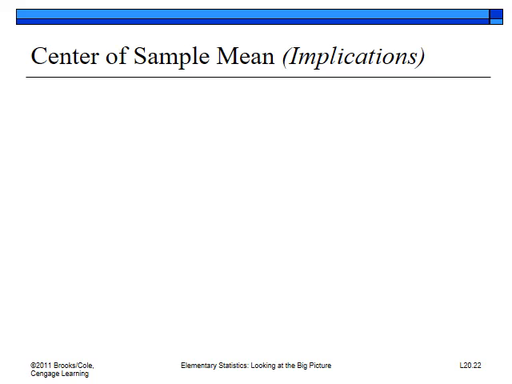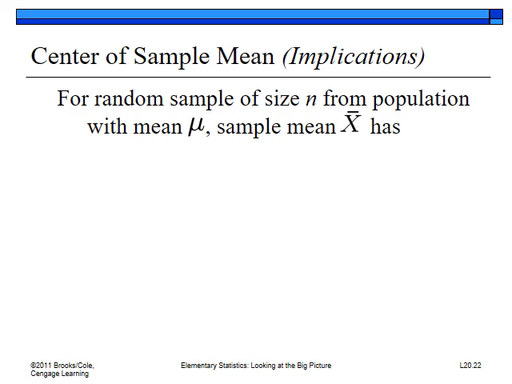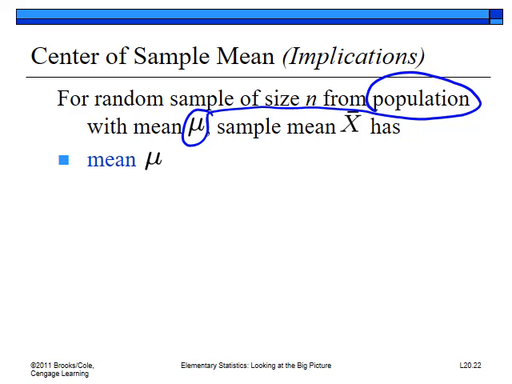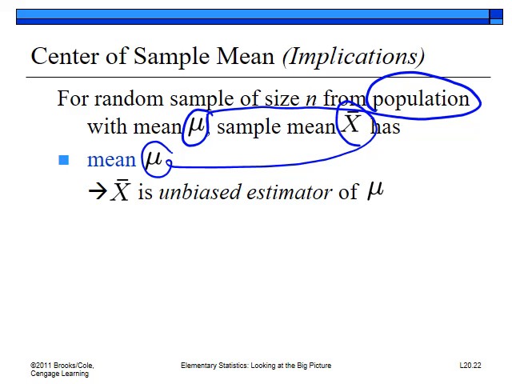Something that's very important to note: when we're looking at the sample mean x bar, the mean of our sample is equal to the mean of the population. So this mu is talking about the population, and this mean is talking about the sample mean. Since those two are equal, we say that x bar is an unbiased estimator of mu.